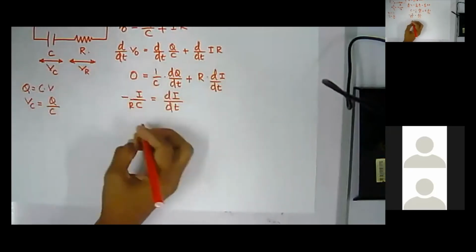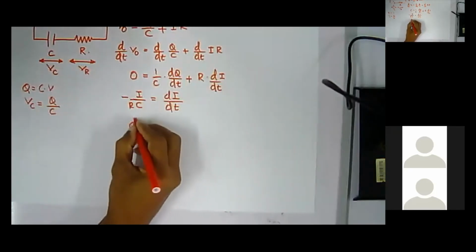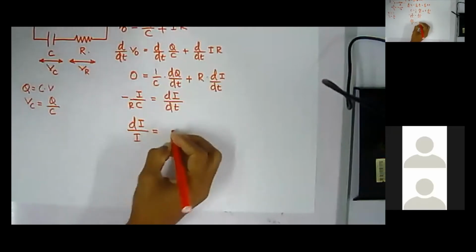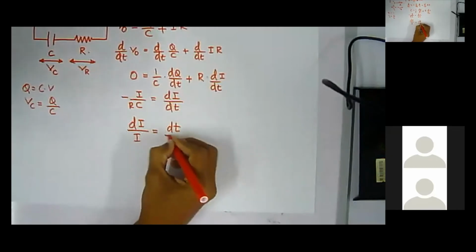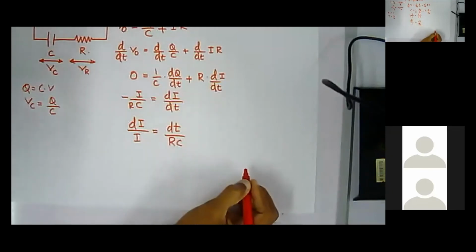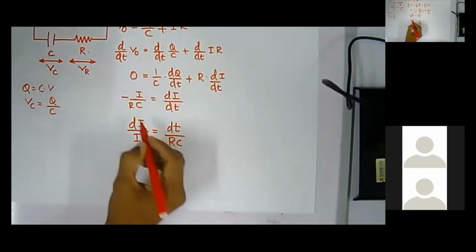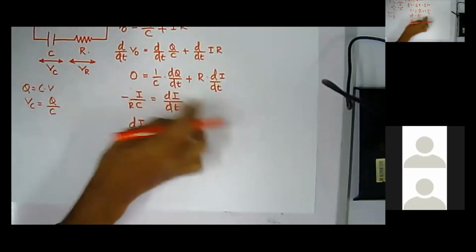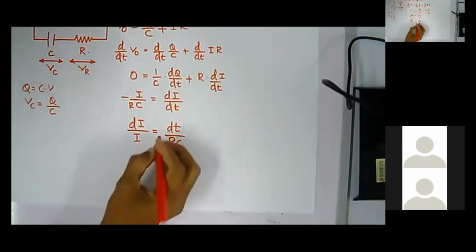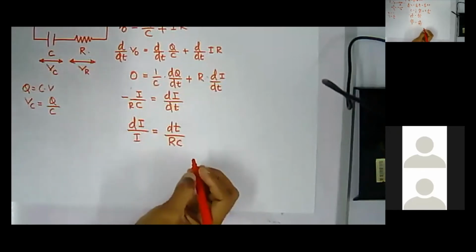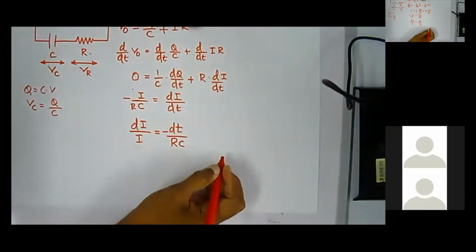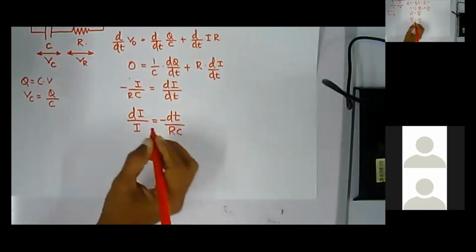Cross multiplying, we can write di by I equals minus dt by RC, because I am just bringing this one there. Yes, there should be a minus.